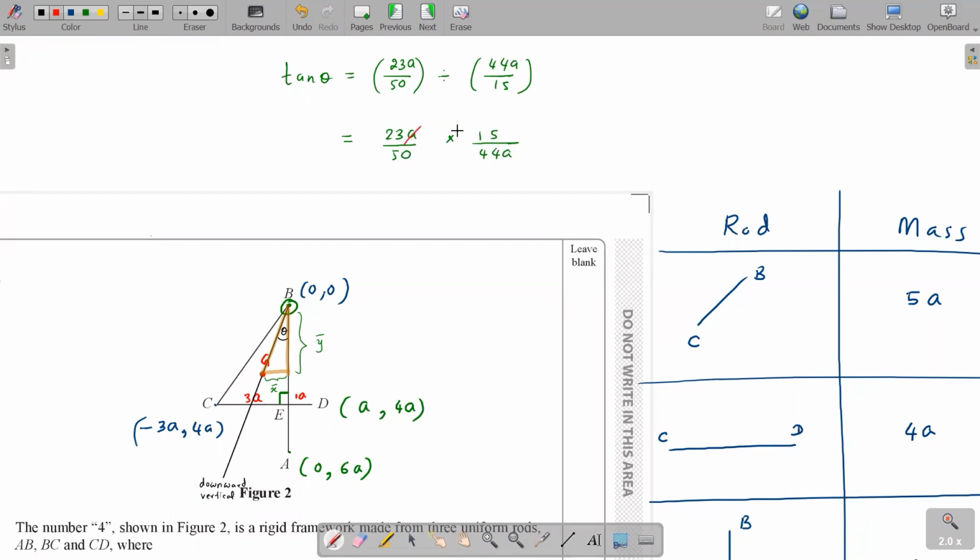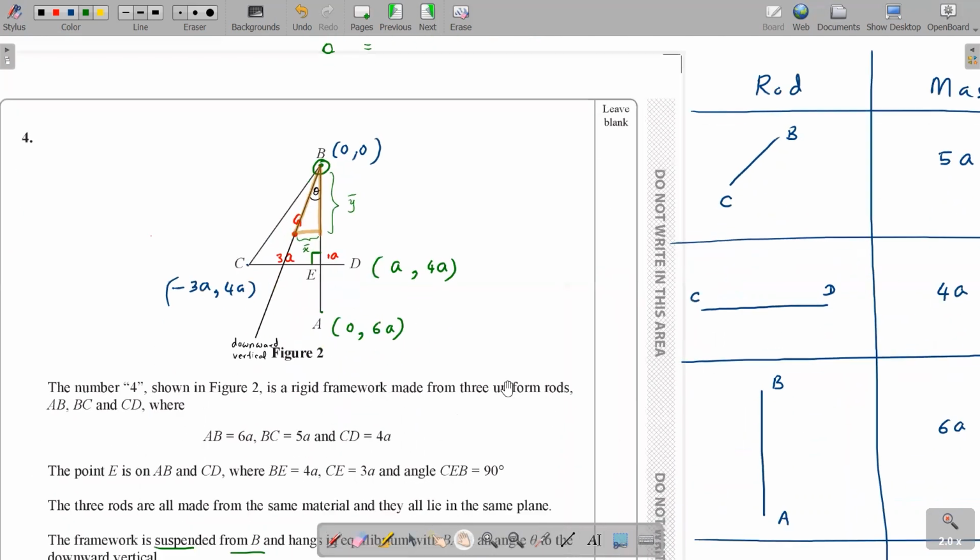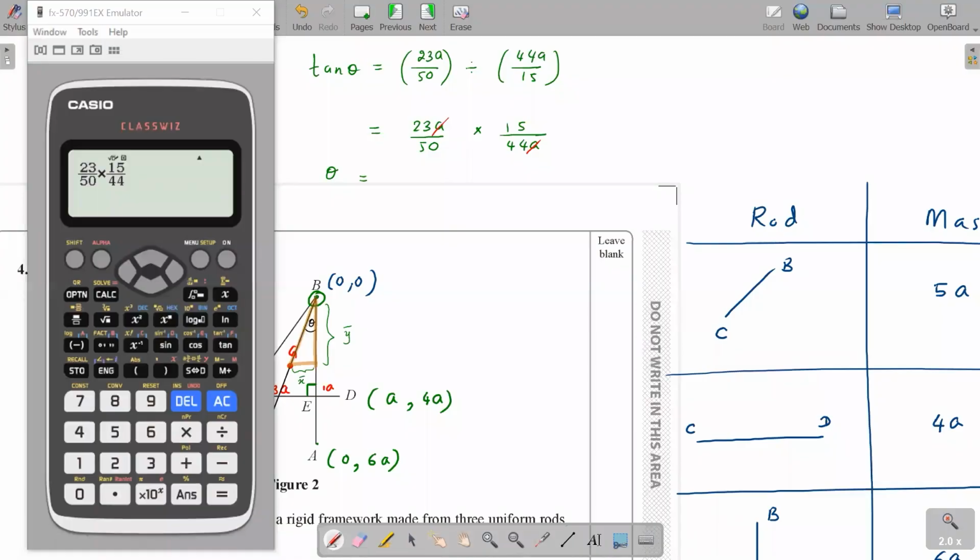A to A will cancel out, simplify, do tan inverse, get the theta answer. So 23 over 50 into 15 over 44 gives me 69 over 440. Let's get tan inverse of the answer.